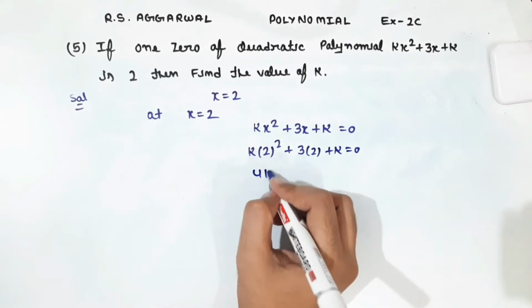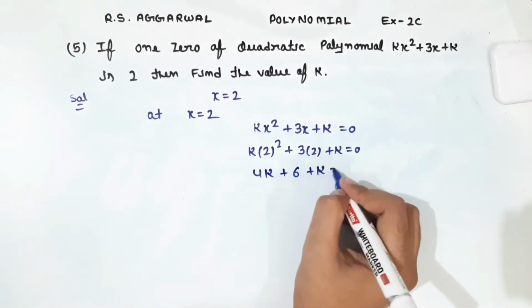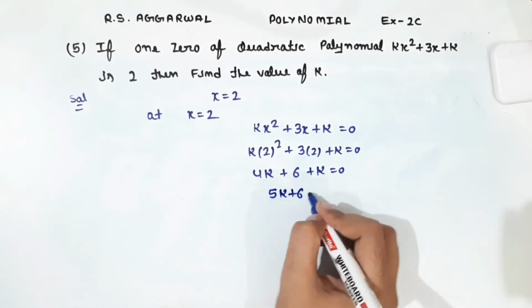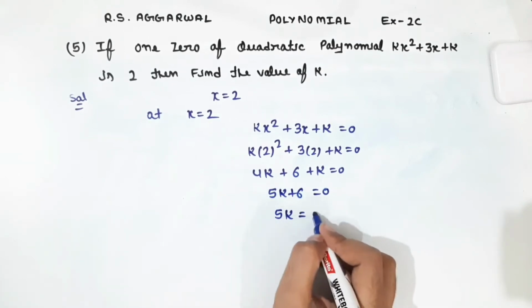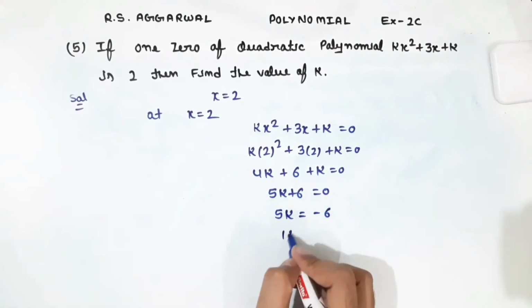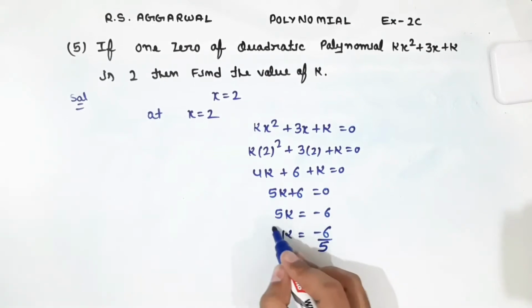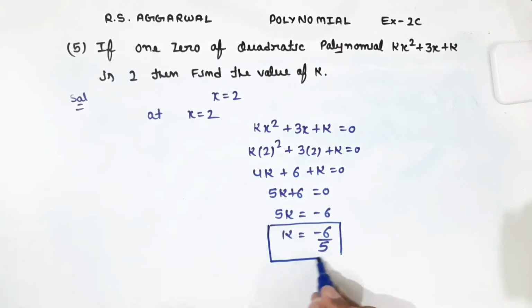So 4k plus 6 plus k equals to 0. So 5k plus 6 equals to 0. So from here 5k will be equals to minus 6. So k will be minus 6 upon 5. This is our value of k.